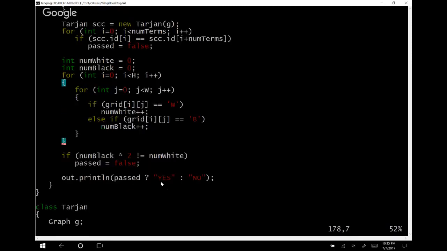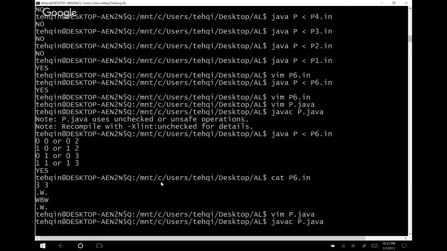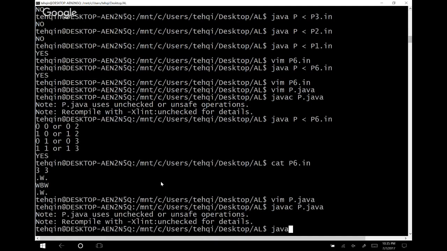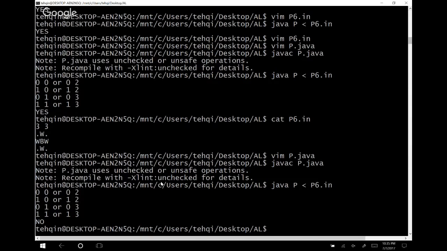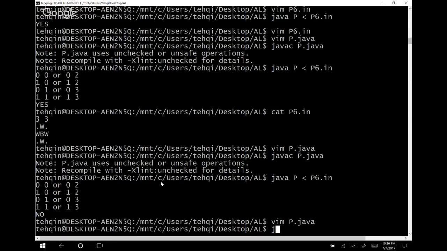So one last check there. And this will ensure that everything lines up. So that's that last piece of debugging.